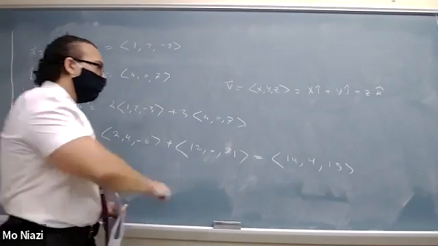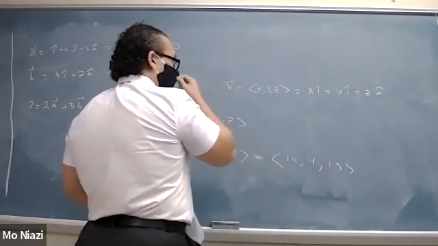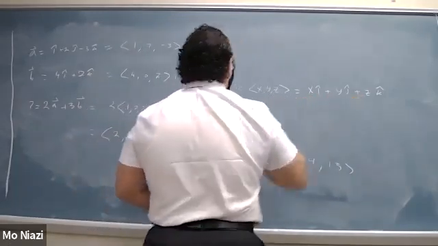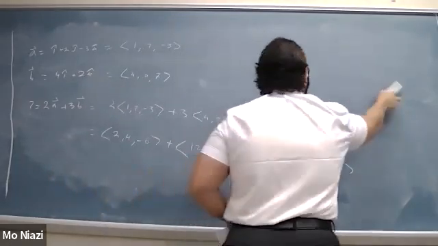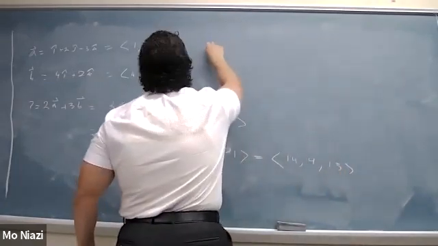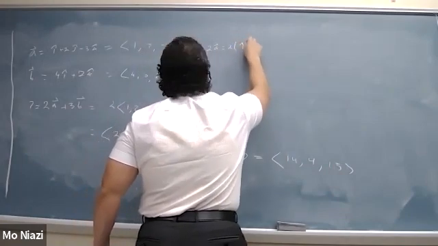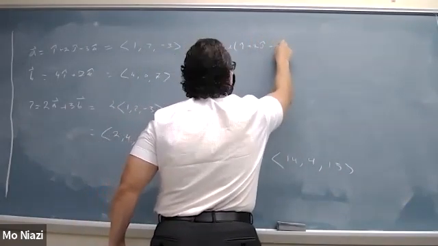Another much more tedious and laborious way to do it is to notice this formulation, as it is highlighted over there. You can say, well, this 2a is the same thing as 2 times i hat plus 2j hat minus 3k hat.